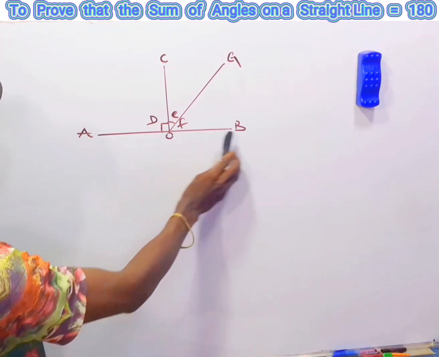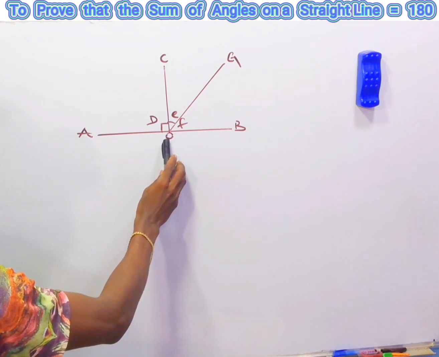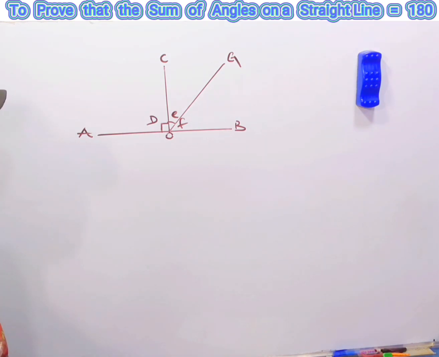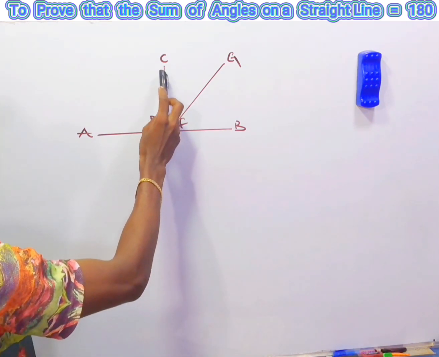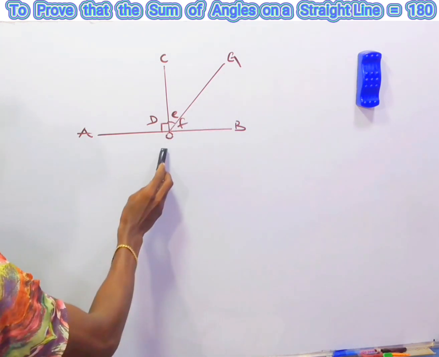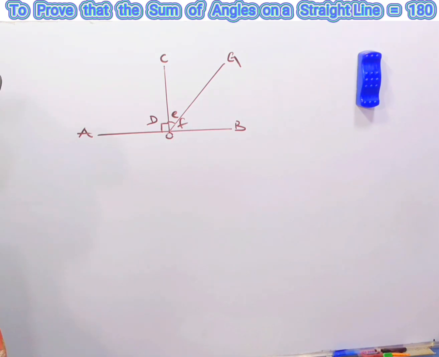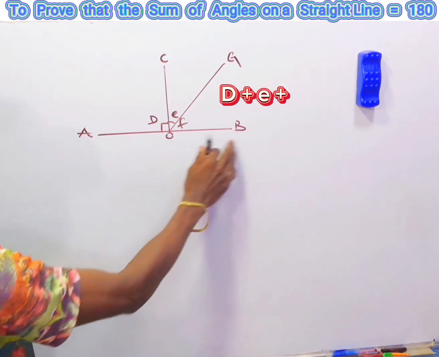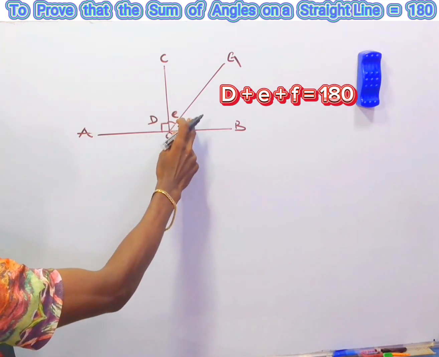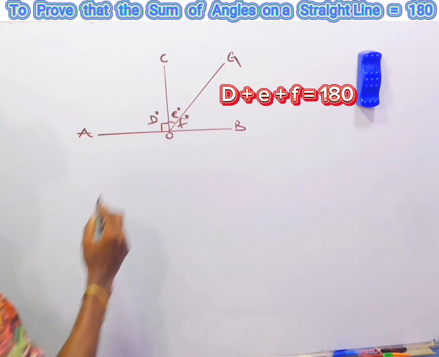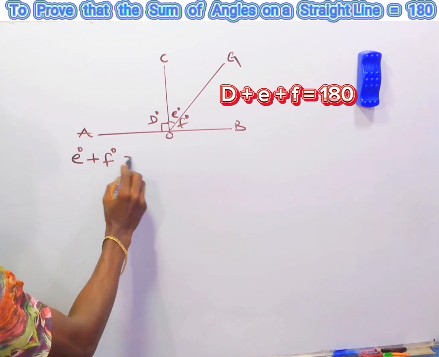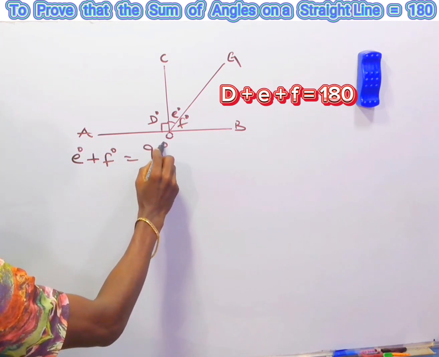Let's assume we have a straight line AB with center O, and angle COA, which is angle D, is a right angle, and also angle COG, which is angle E, and also angle GOB is angle F. So to prove that the sum of angles on line AB is 180 degrees, let's consider angle E and angle F. First, we have angle E plus angle F equal to 90 degrees.